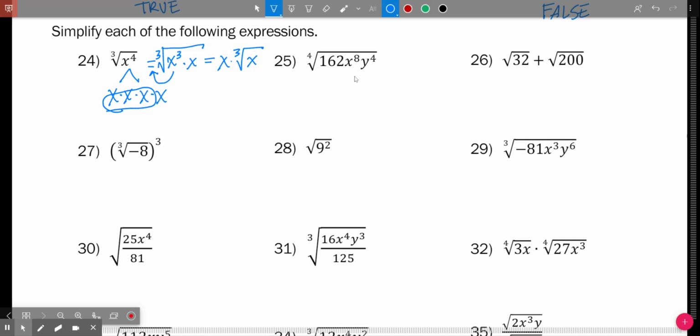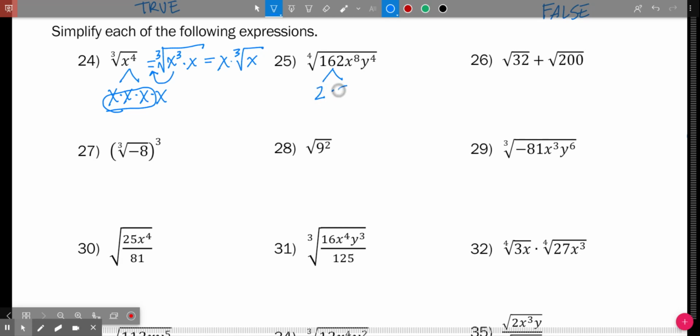And number 25, the same thing. You are looking for the exponents that match the index, and you want to factor anything else that doesn't match. So with 162, if we factor this down, you can start as small as 2.